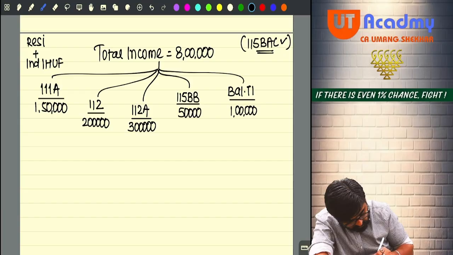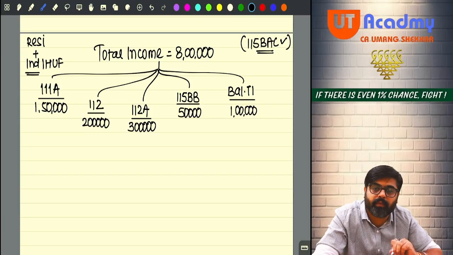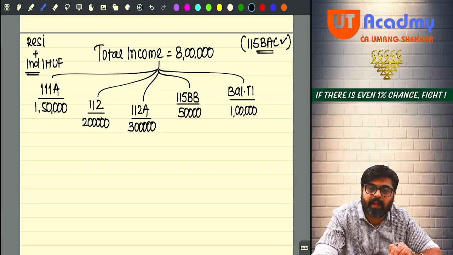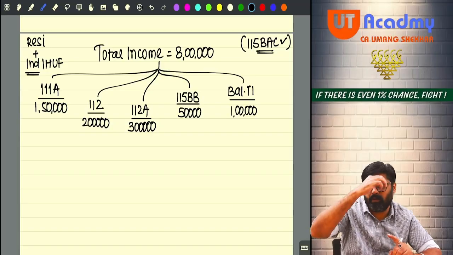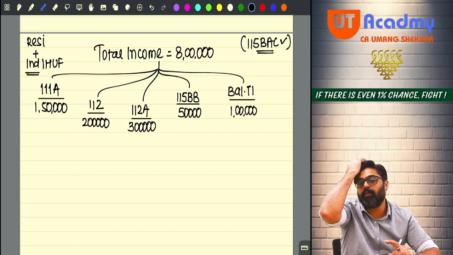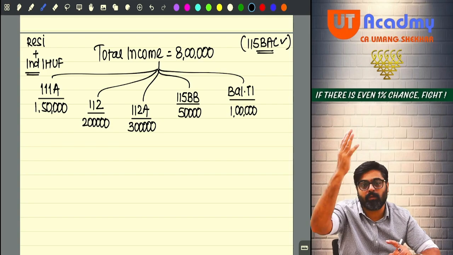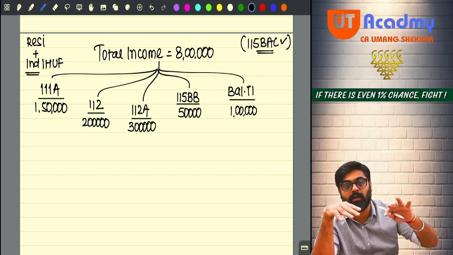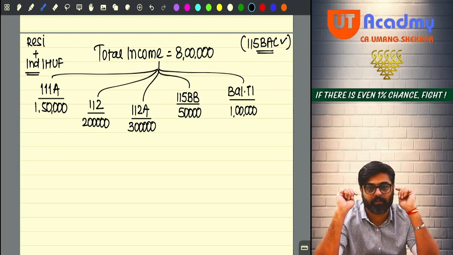And total income is calculated 8 lakh rupees. Either they will give you the total income or they will tell you to calculate it. So first you'll have to calculate total income and your total income will be 8 lakhs.